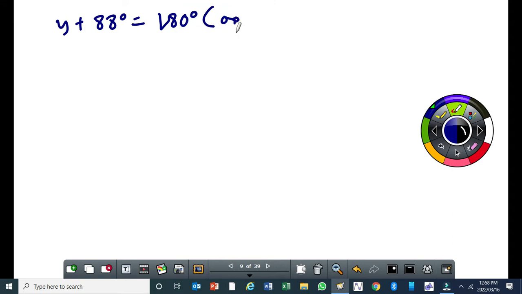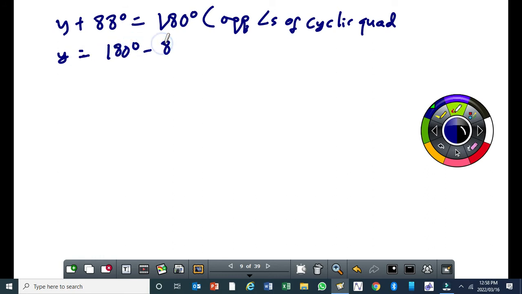So that's opposite angles of a cyclic quadrilateral. So Y here is going to be equal to 180 degrees minus 88, and you get 92 degrees. So that's straightforward.